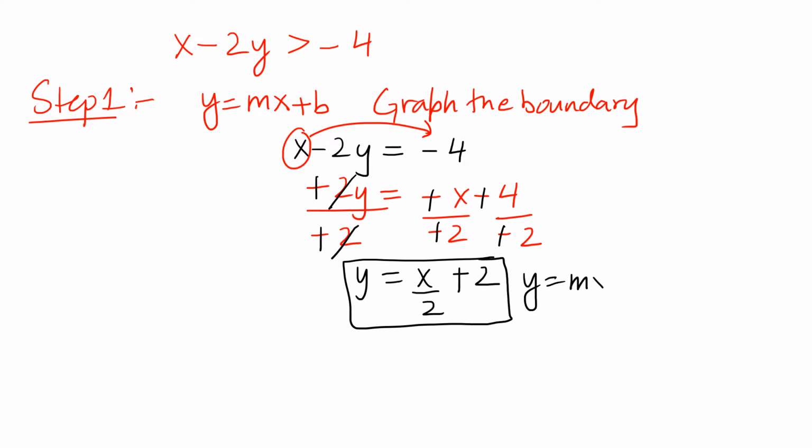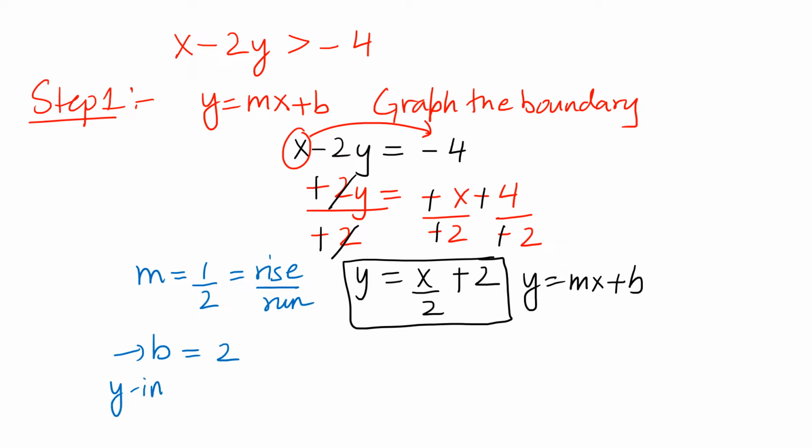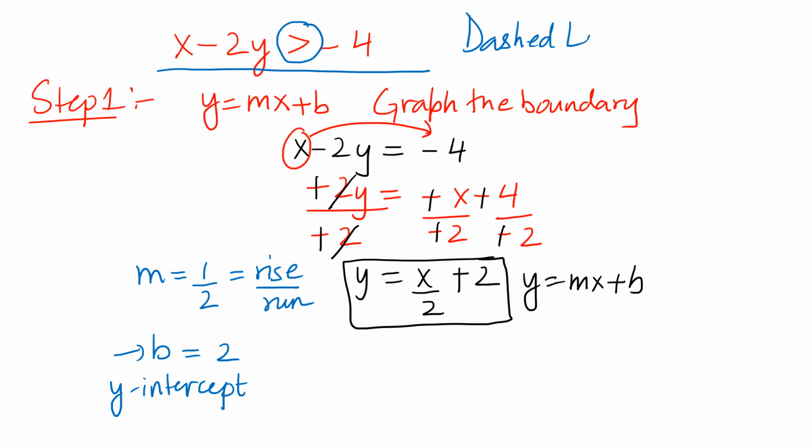Now give me the value of slope and the y-intercept. Yes, you are correct. Slope is 1 by 2, so rise over run, and y-intercept is 2. This is your y-intercept. Now let's move to step 2, and before we go there, you know this is a strict inequality, so the boundary would be a dashed line, a broken line like this.